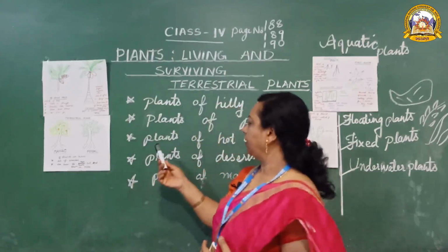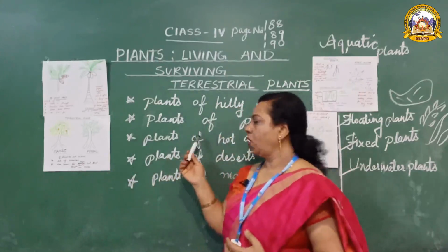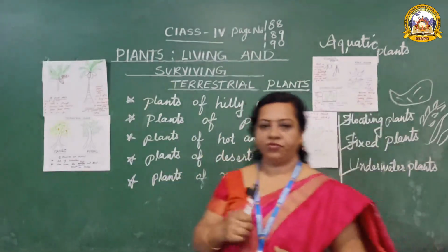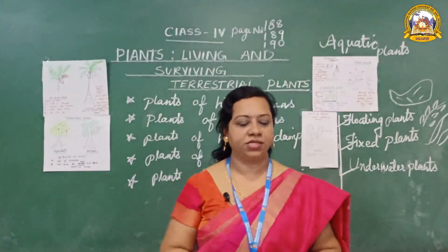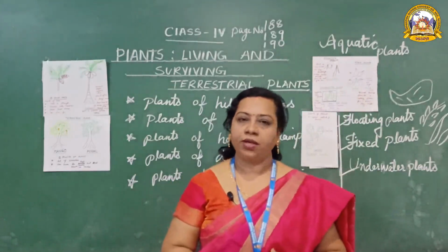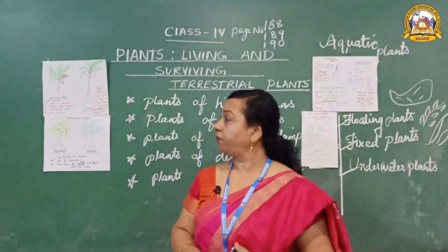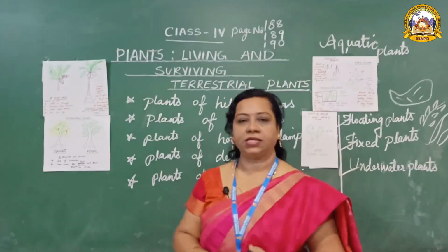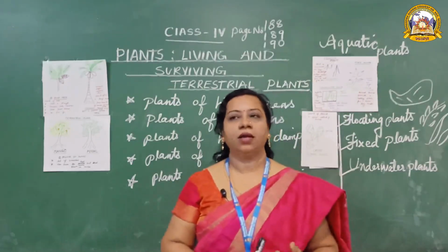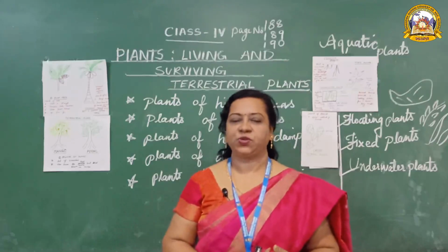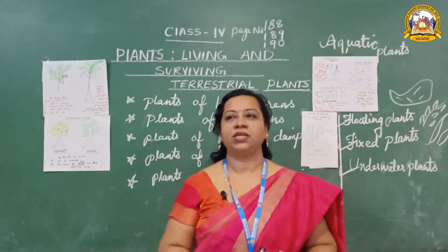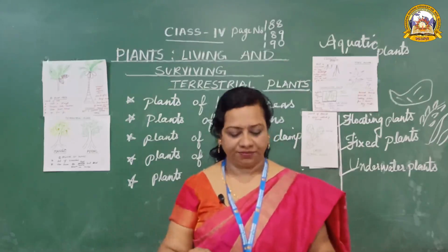Then third category is plants of hot and damp areas. Which type of plants are here in hot and damp areas? In hot and damp areas, trees have a lot of branches, but they don't shed their leaves. So they are known as evergreen because leaves are always green here.